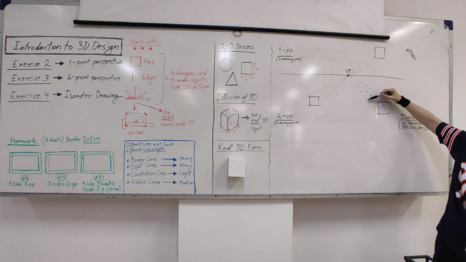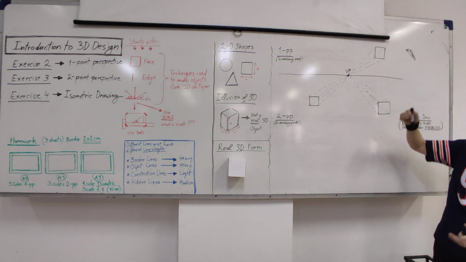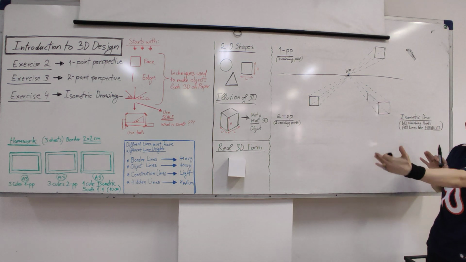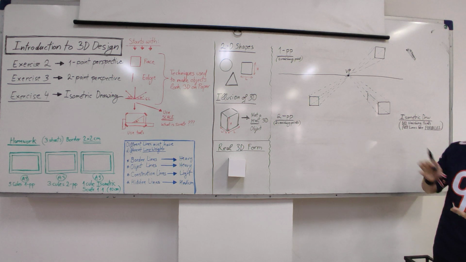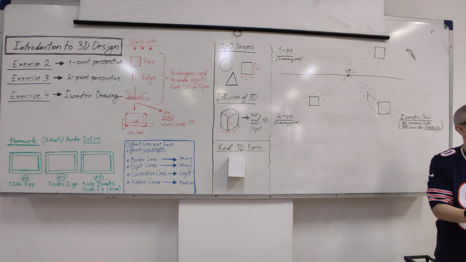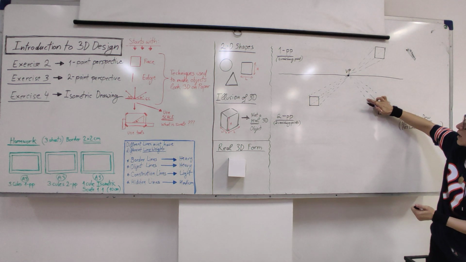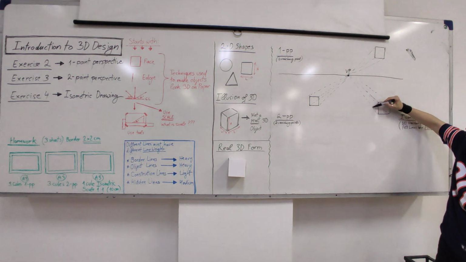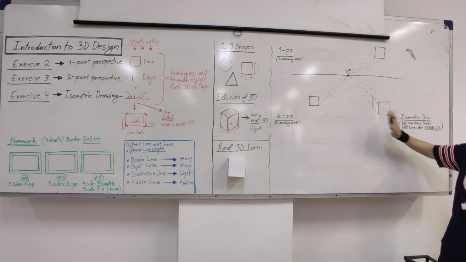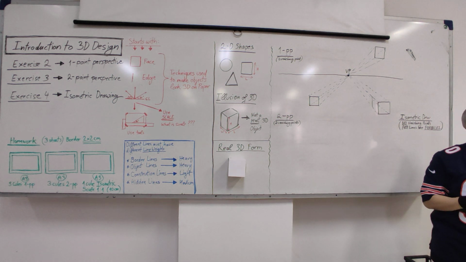If I put it too far away here, this object will start looking like a long object, okay? It's not that it's wrong, but we are supposed to be drawing a cube. So this is wrong for our exercise. If I put it shorter here, for this size and this space, it may look okay.